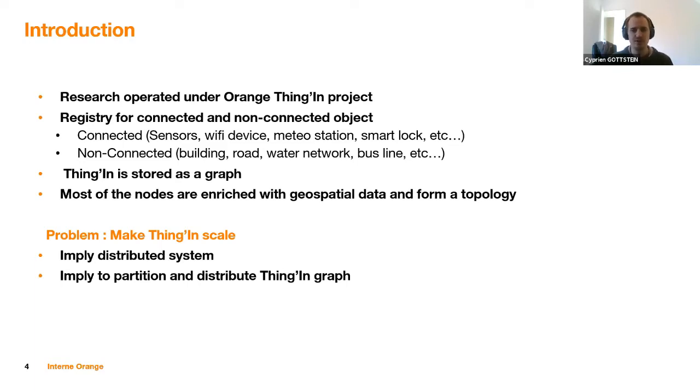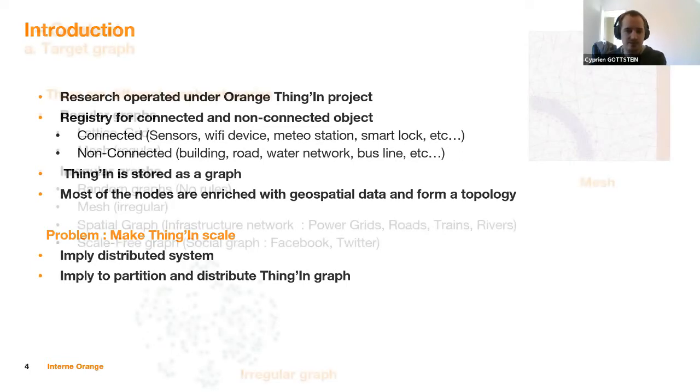As long as you have the appropriate definition, we can store anything into Thingin, and everything there is stored in a giant graph. Most of the nodes are enriched with geospatial data and form a topology. Our problem is to make Thingin scale, which implies a distributed system and implies partitioning and distributing the graph of Thingin.